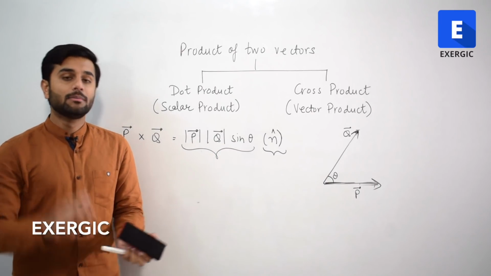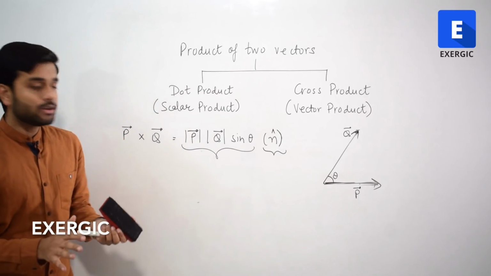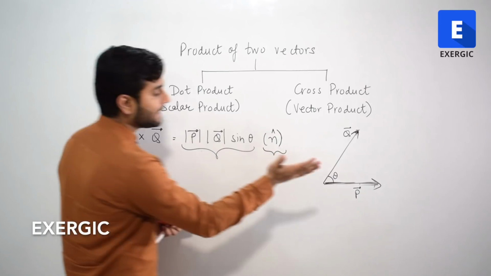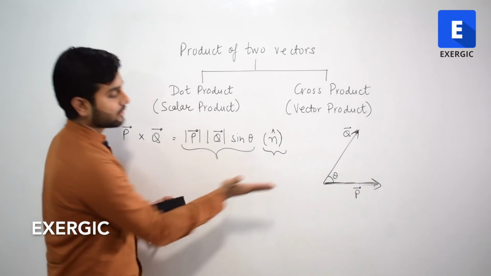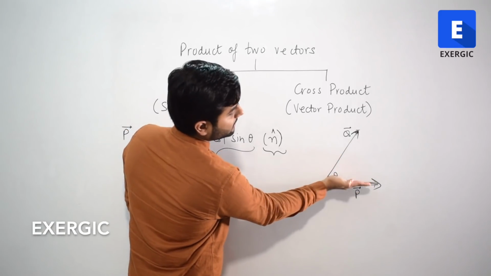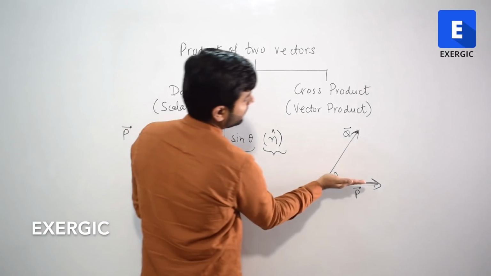That is decided by the right hand thumb rule. What you need to do is use your right hand and align it in the direction of P, like this. Okay, don't do it like this, such that only one finger is visible.